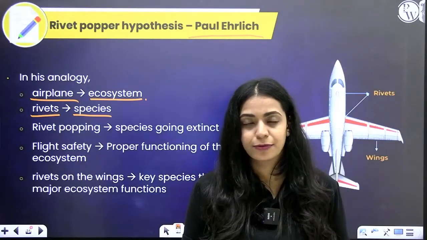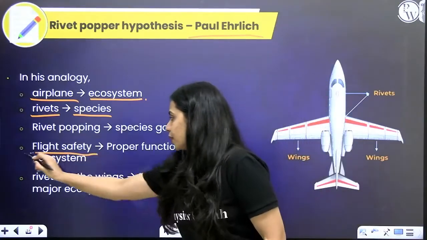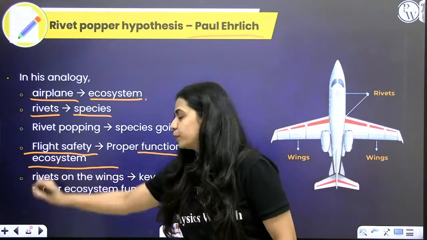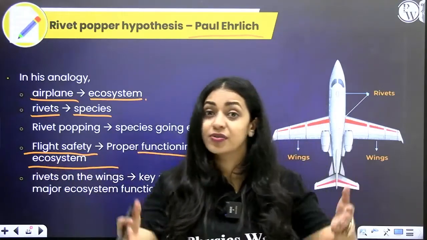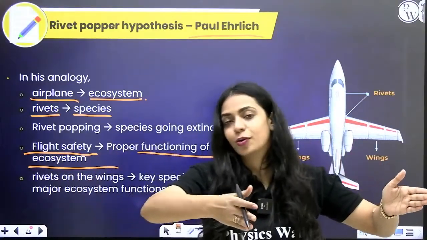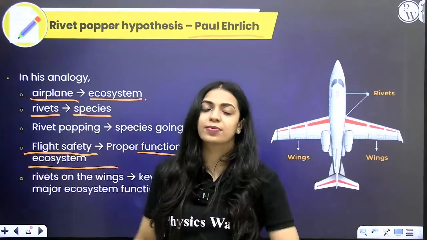Will it matter for the safety of the aeroplane? Over here, flight safety can be compared with how properly the ecosystem functions, because we're comparing airplane with the ecosystem. The safety of the aeroplane is compared with how well the ecosystem is working.